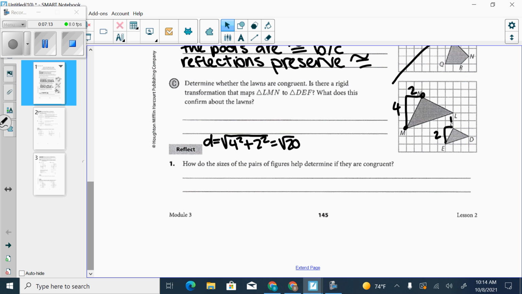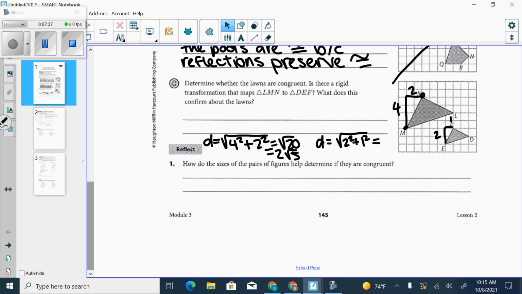Square root of 20. Can I simplify that any? Yeah, what multiplies to give me 20 that has a square root? 4 times 5 and the square root of 4 is 2, okay, so this is 2 square root of 5. All right, I'm going to do the same thing for this side over here. So underneath there, I'm going to have 2 squared plus 1 squared. Well, what is 2 squared?